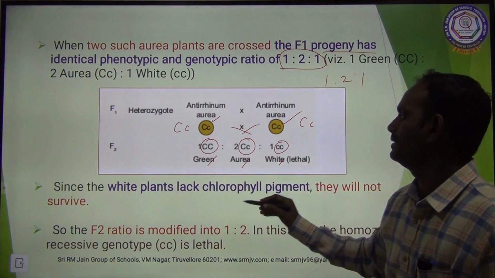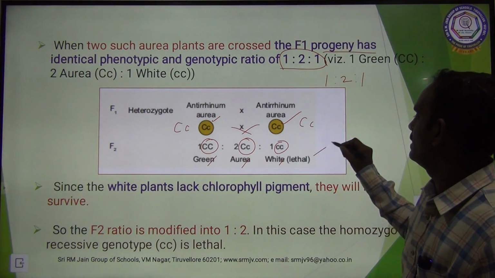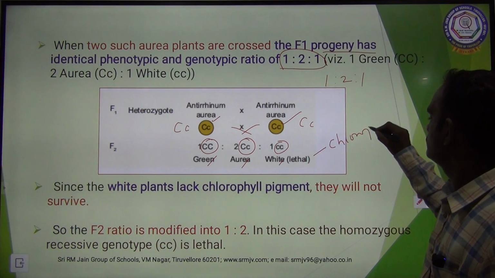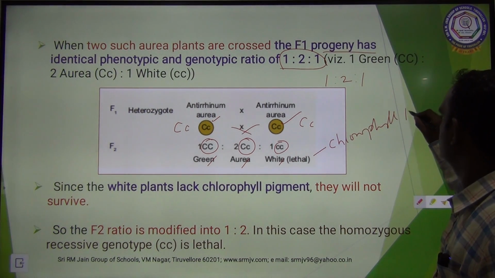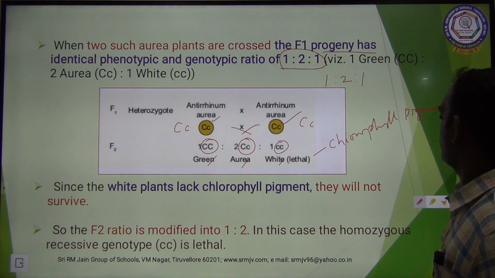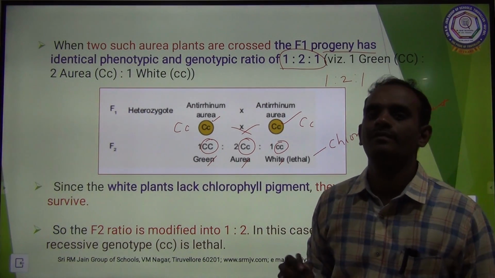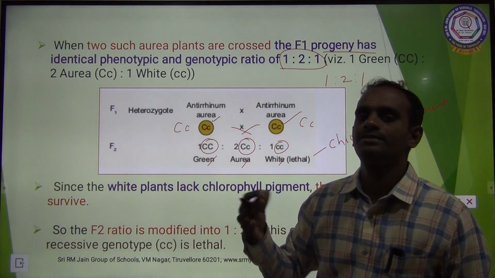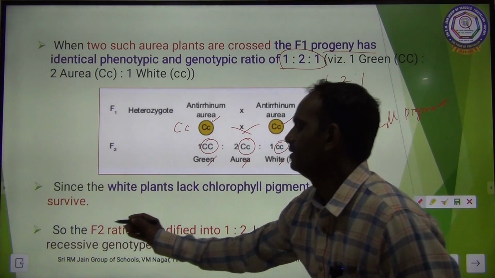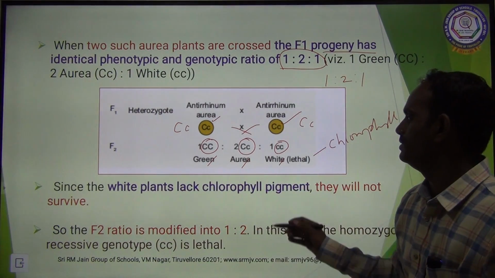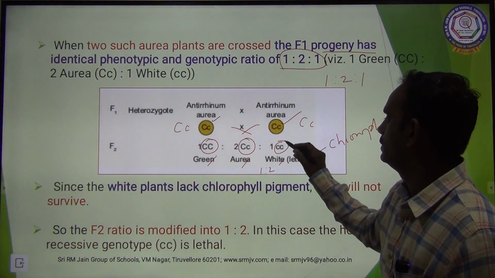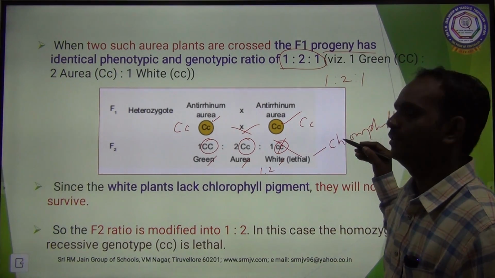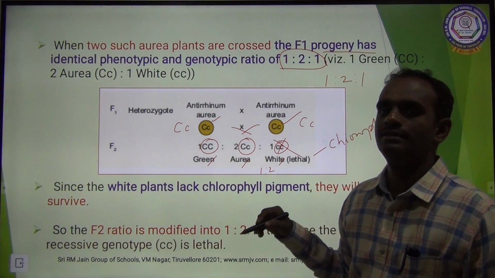Since the white plant lacks chlorophyll pigment, it will not survive. It dies. So the F2 ratio is modified into 1:2. There is no chlorophyll pigment in the white plant, so it does not survive.